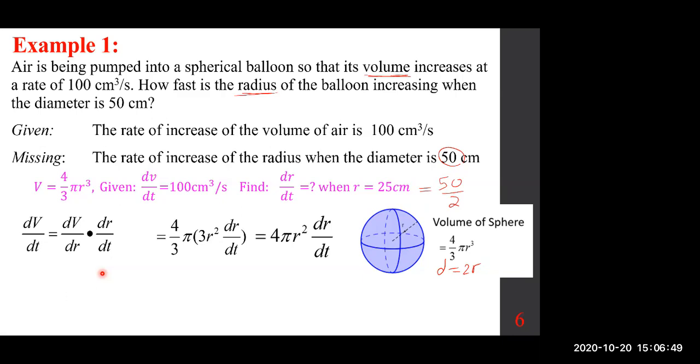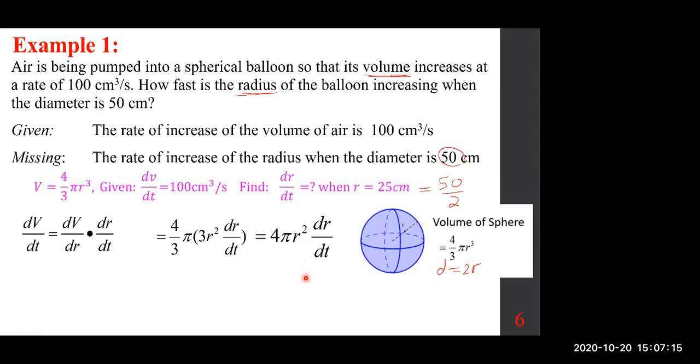Practically, we are done. The rest is basic algebra. The left side is dV/dt, which is given, 100. On the right side, pi is not missing, and r is given as 50/2, or 25. Find dr/dt. You have a choice: plug in and calculate, or instead solve for dr/dt.